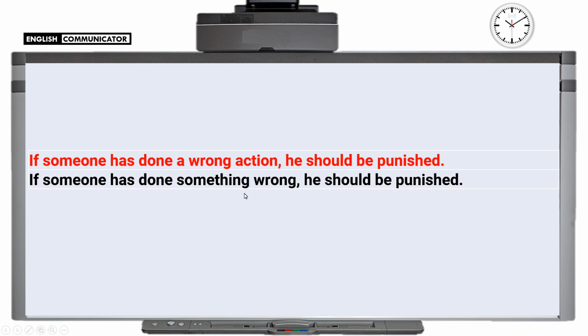If you have done something wrong, then you are answerable. Same as this: if someone has done something wrong, he should be punished. That's the difference. Not wrong action; you have to use something wrong. If you do something wrong, you will be punished, like a new sentence we can say.